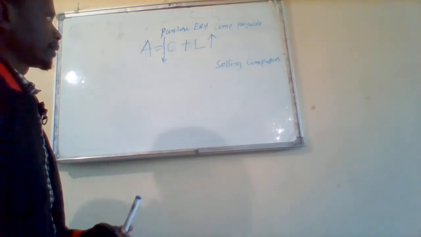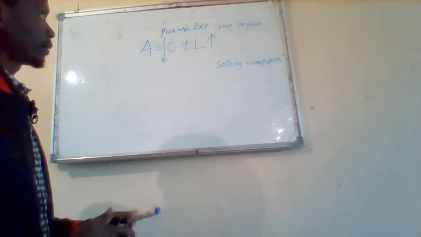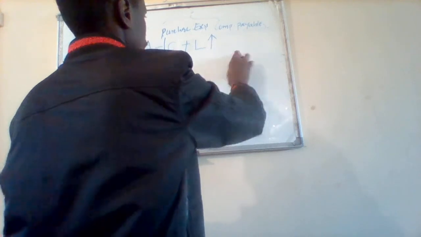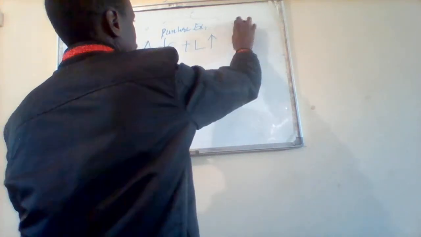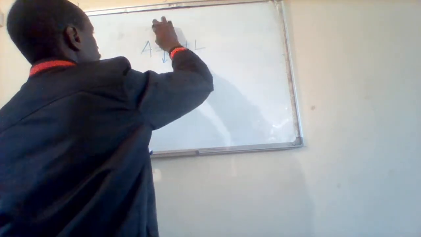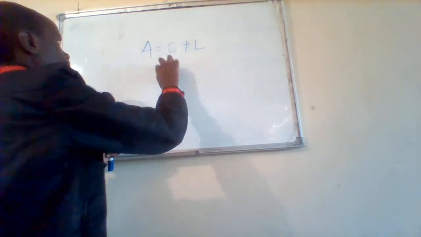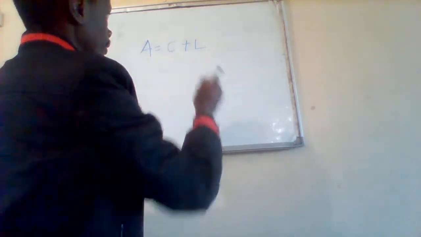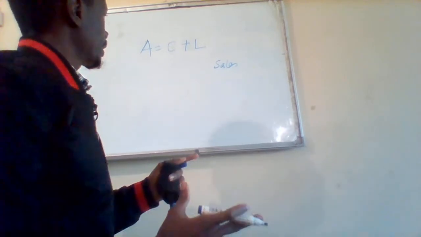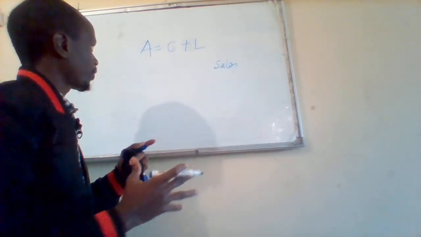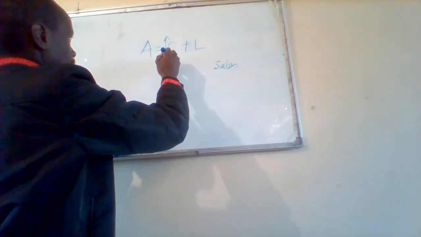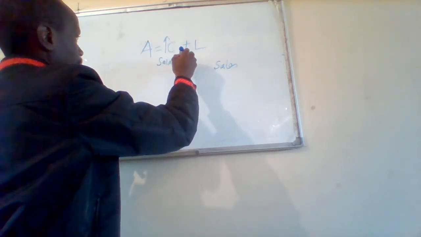Now, what about sales? Sales or revenue makes your worth go up. Capital goes up through sales or revenue.